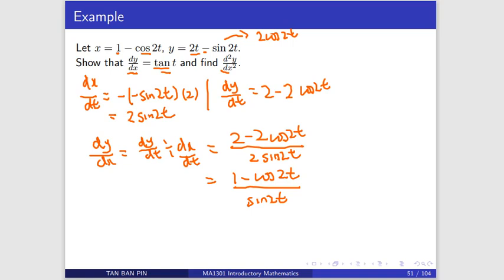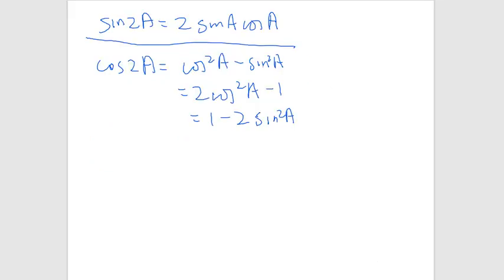You want to change it such that the 1 will disappear. So it must be 1 minus 1. That means you should replace it by 1 minus 2 sine squared a, so that the 1 will disappear.